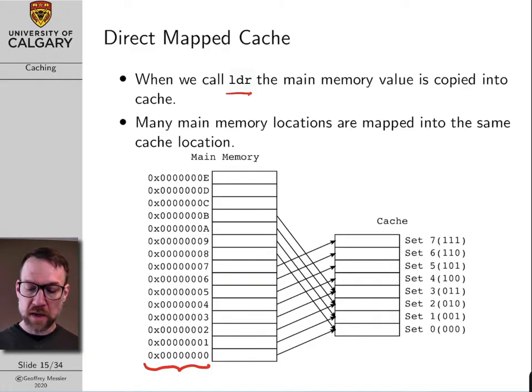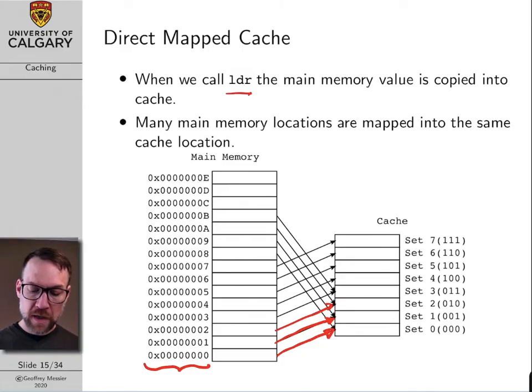As we said in the previous slide, this means that we have 8 sets, or we divide our cache into 8 sections, basically. The first address maps to the first set, or the first location in cache. Our second 32-bit address maps to the second location, and so on.